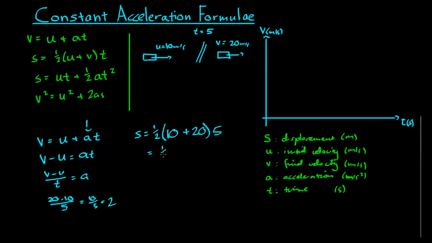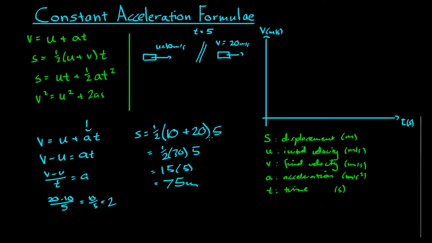S is equal to a half times 30 times 5, that's equal to 15 times 5, which is 75. So it went 75 meters in the time between these two velocities. Whilst it was accelerating, it was covering distance.